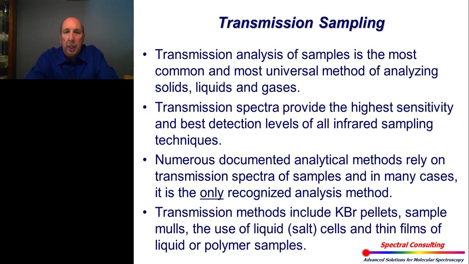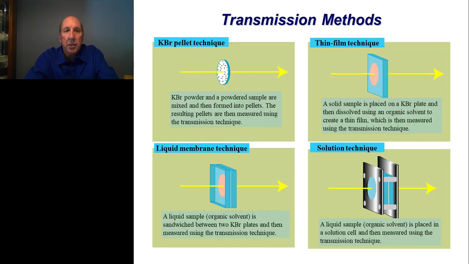And as a graphic to illustrate all this, we have the KBr pellet technique, where we mix KBr powder and a powdered sample and then form it into a little pellet.